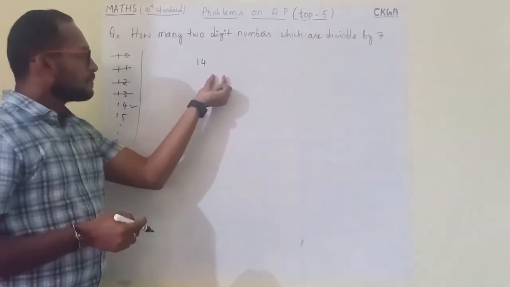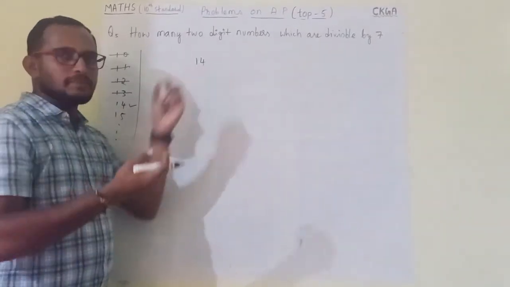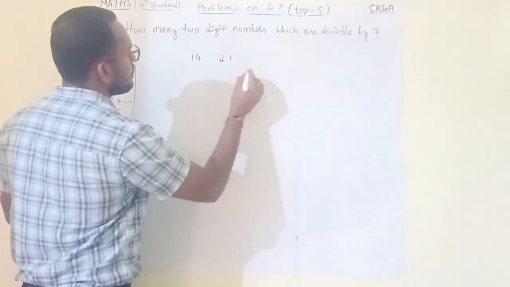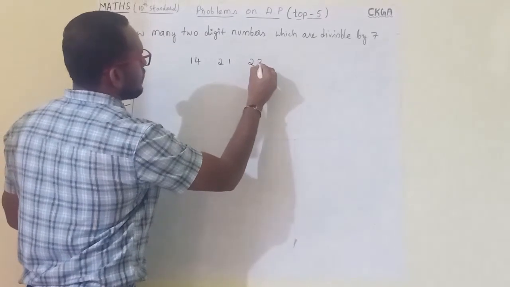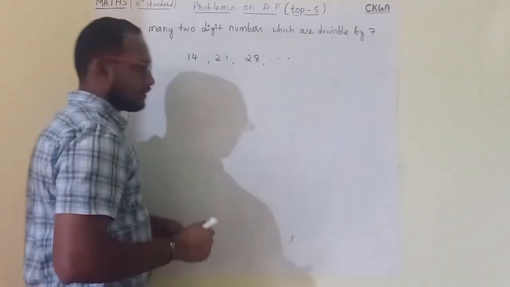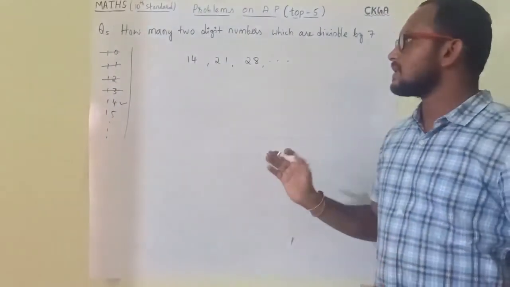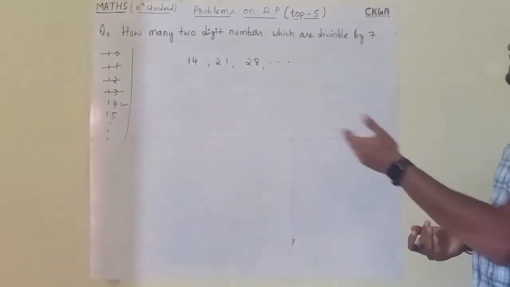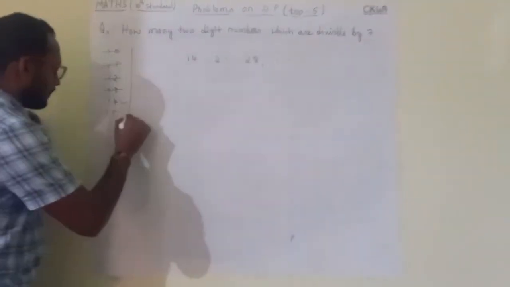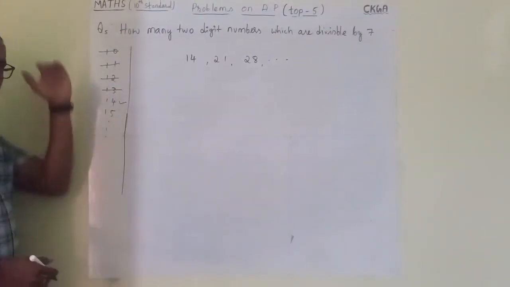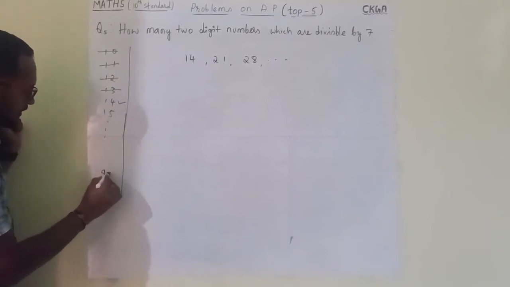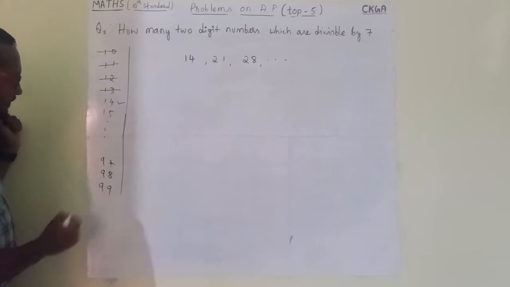You can keep on adding 7 to get multiples of 7. So 14, next will be 21, 28 and so on. What is the last two-digit number which is divisible by 7? Let me write some two-digit numbers in a higher manner: 99, 98, 97.